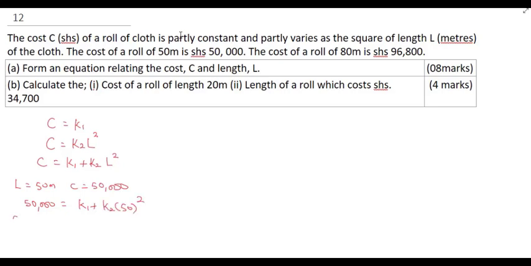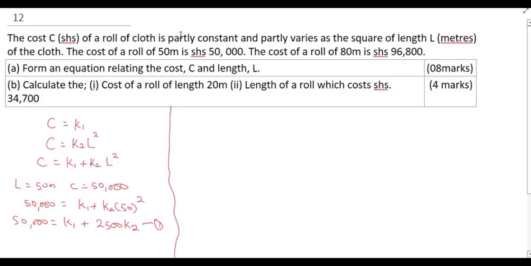So we are going to call this 50,000 is equal to K1 plus 50 squared is going to give us 2,500. So this will be 2,500 K2. So we are going to call this our equation 1. So let me rule my line.